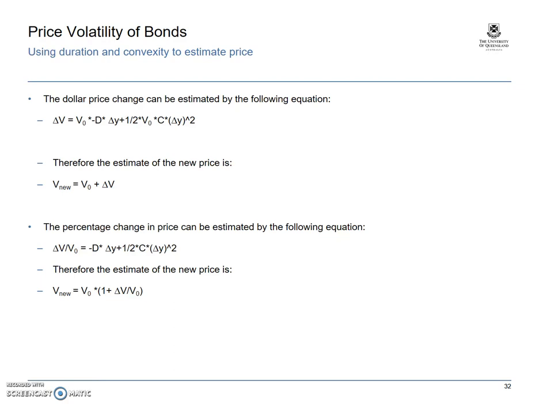The percentage change in price will be that delta V divided by V0, and that is simply minus duration multiplied by the change in yield we expect, plus a half times the convexity times the change in the expected yield squared. Then we can find the new price by taking the original price multiplied by 1 plus the percentage change in price, which we just calculated above.